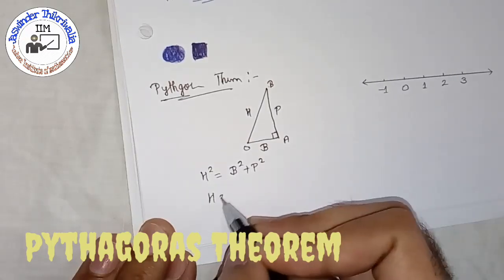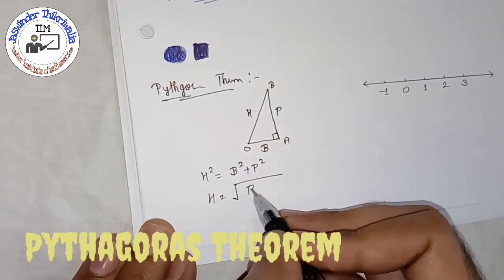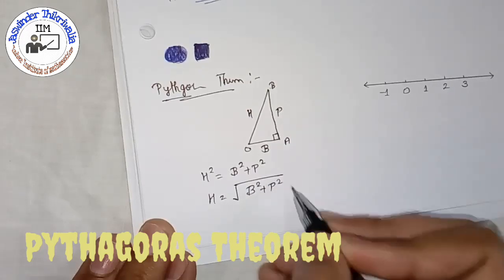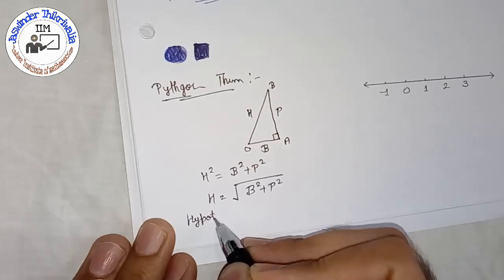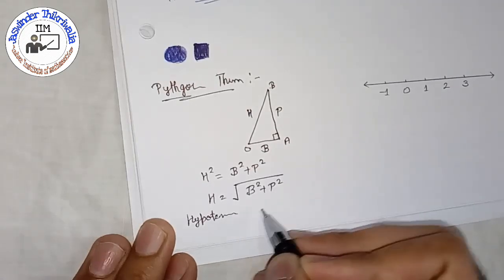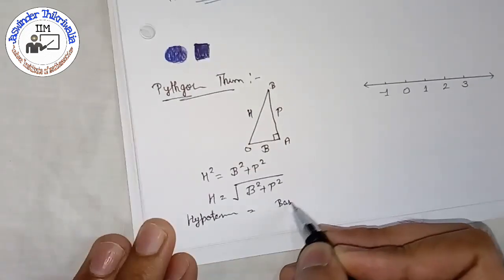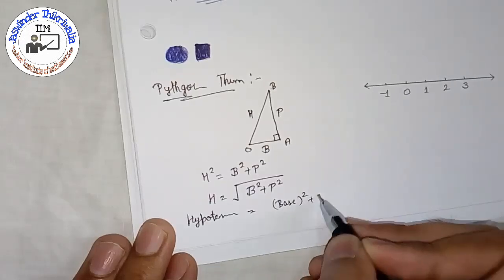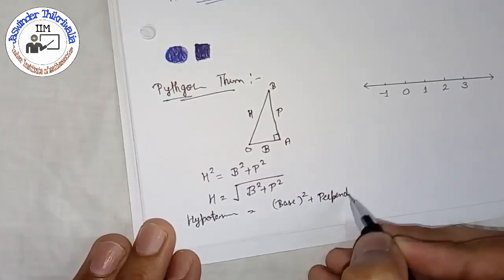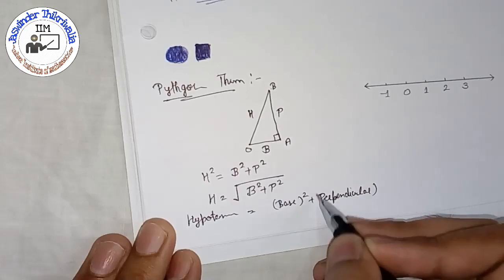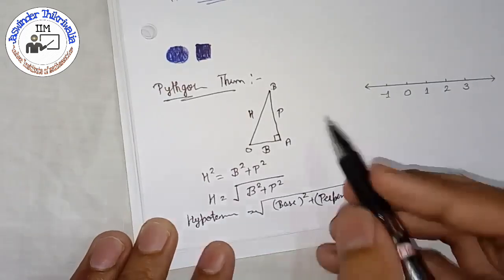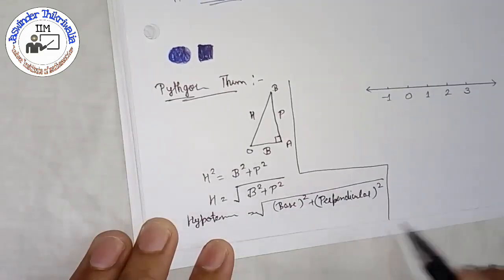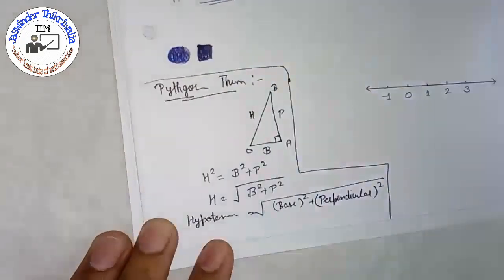That means hypotenuse is equal to the square root of base square plus perpendicular square. H means hypotenuse, the longest side, B means base, P means perpendicular; take the sum of their squares, and after that take the under root. This theorem we will use to represent these numbers.